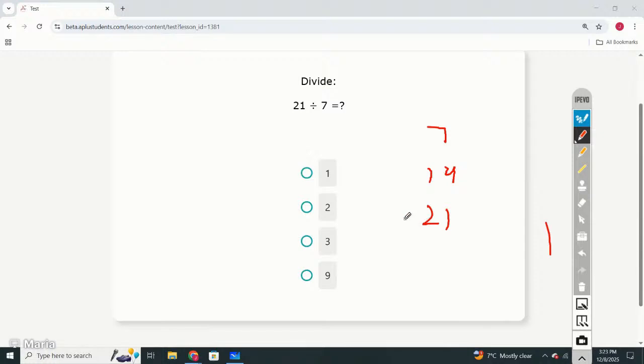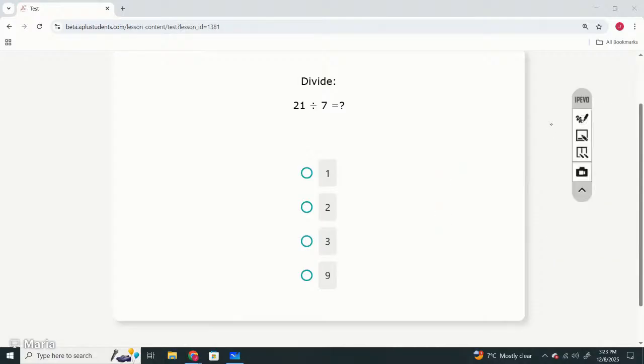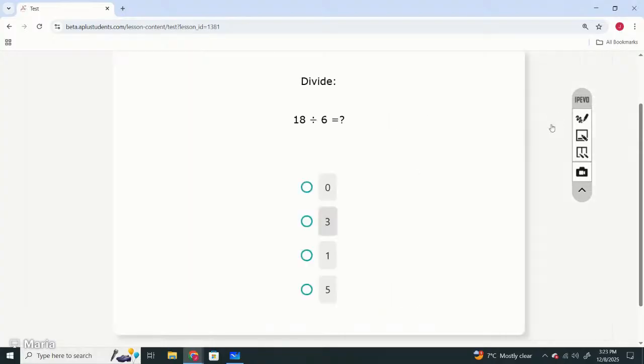So 21 divided by 7 is 3. Option number 3 is the correct option. Got it?